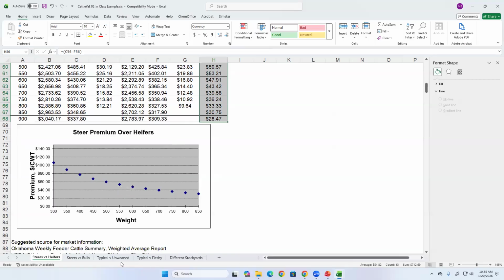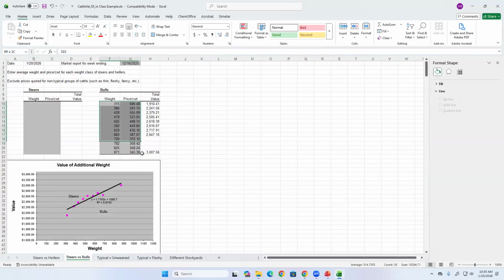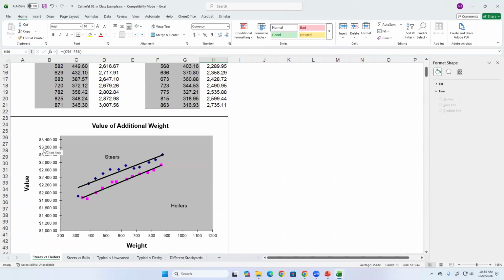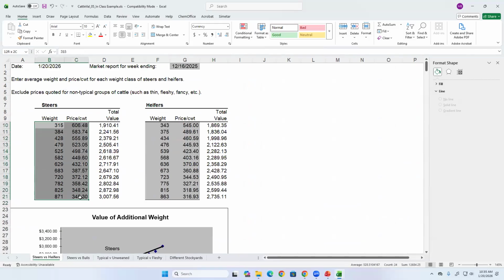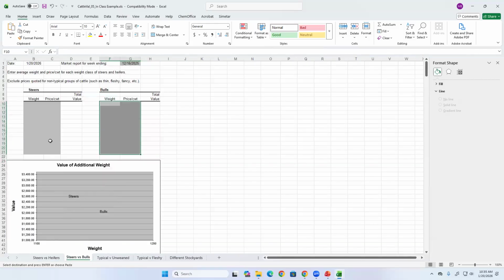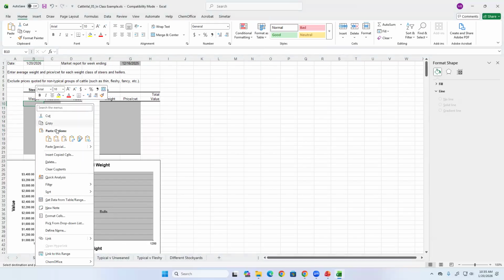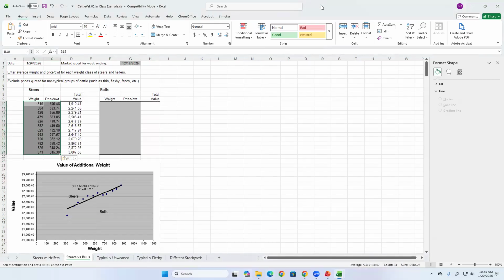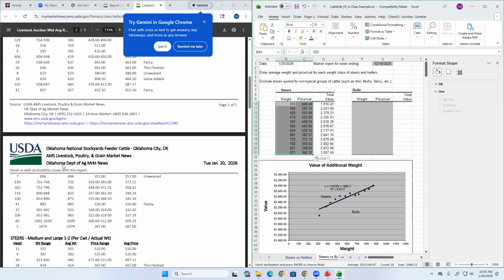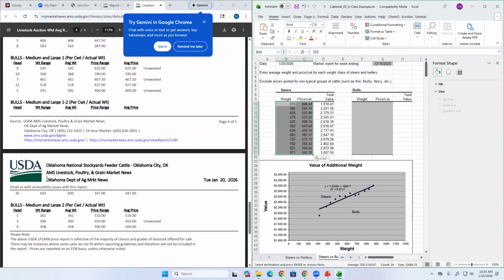Okay. Usually I will look at, we can do steers versus bulls. So if I go here, all right, now we're going to scroll to the bottom.